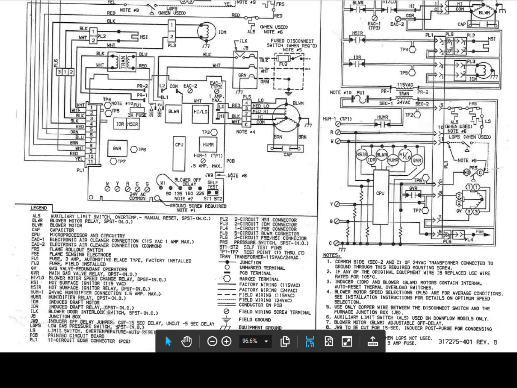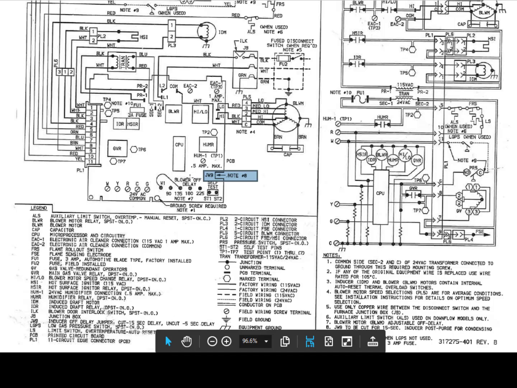Another thing too is, right here, it says note 8. Note 8, JW9, it's pointing to JW9. So I'm going to go over here and say JW9, inducer off delay jumper. Cut, 15-second delay. Uncut, 5-second delay.